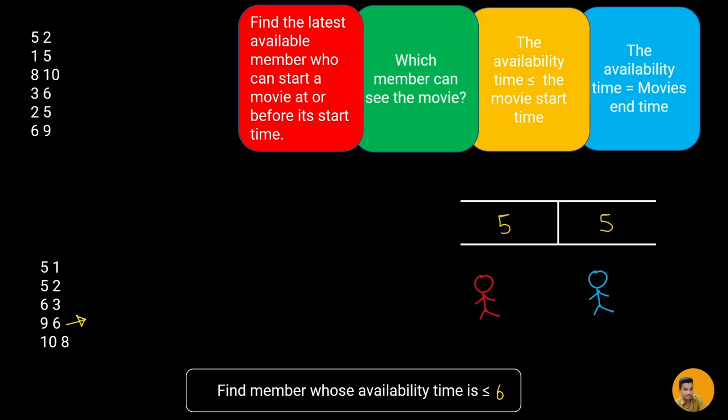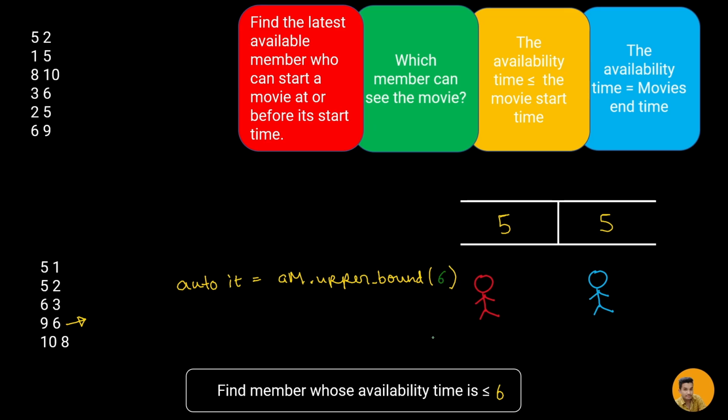So in this case, let's say we pick 9 comma 6. We say, give me from the available members dot upper bound the start time of a movie, because we need to find the member who is available for the start time of a movie. So upper bound of 6, my bad, it has to be 6.